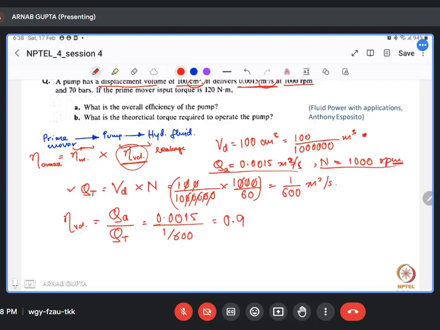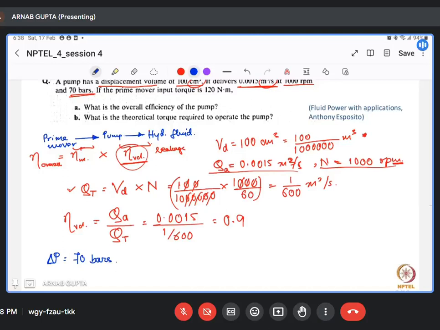Next, we are being told that the pressure head against which the pump is pumping the fluid is 70 bars. So I'm writing here P is nothing but 70 bars. Basically, this is not absolute pressure. This is the differential pressure.